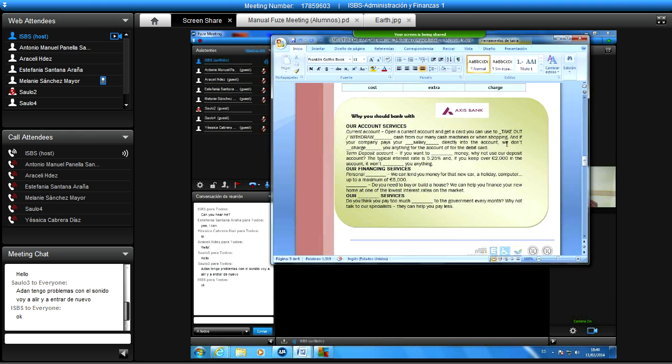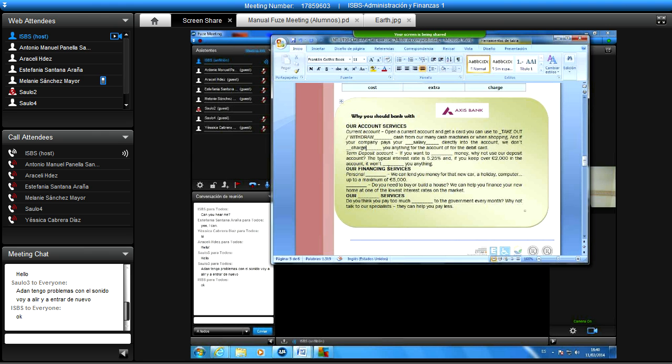But in secondary school, they have three terms: autumn, then winter, and then spring, and then in summer there are no classes. So term is a limited period of time. So here you say a term deposit account. Es una cuenta a un depósito a plazo fijo, something like that.